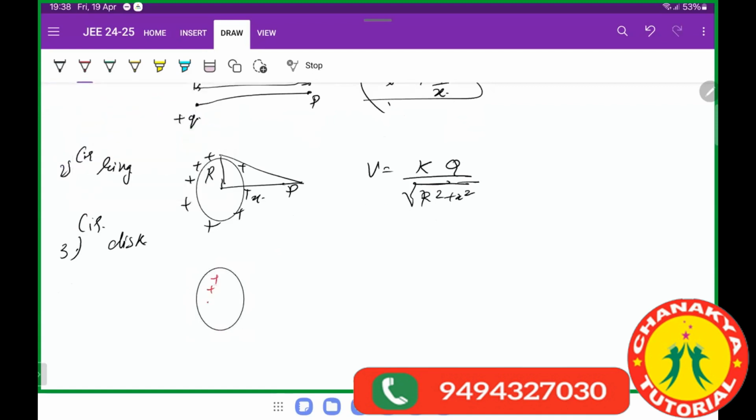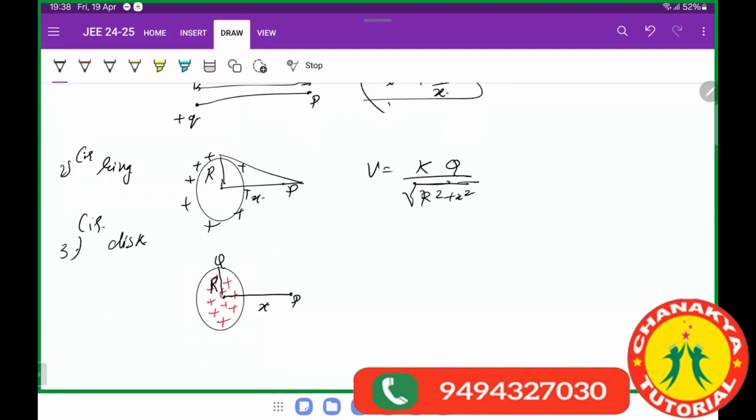So it will be plus plus plus everywhere. Now if I draw from the center point P, distance again x, then this is the radius r, charge q.